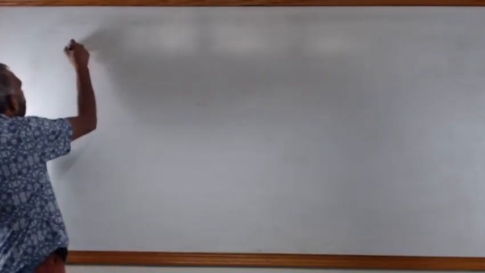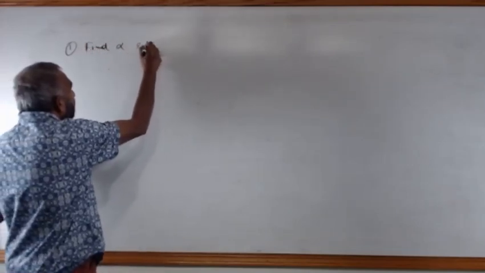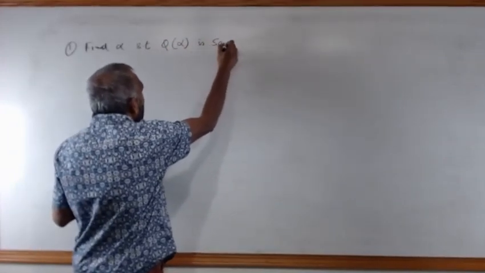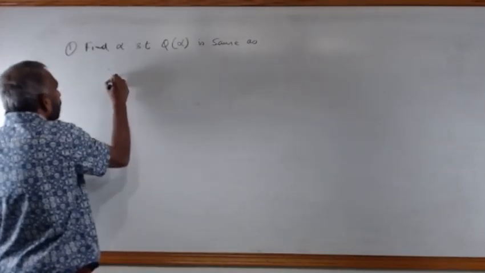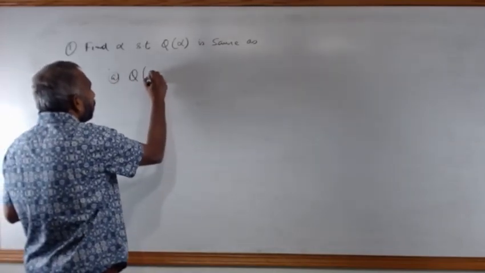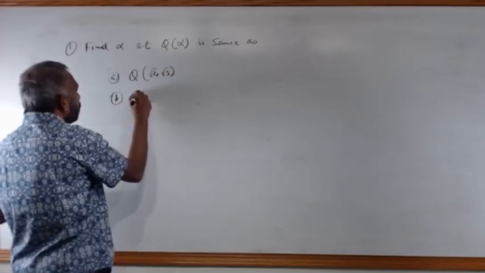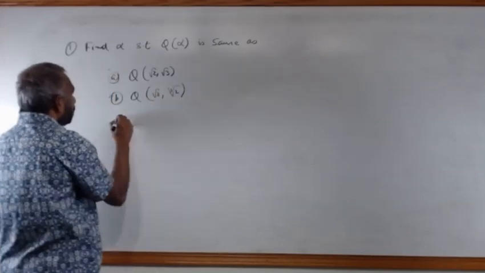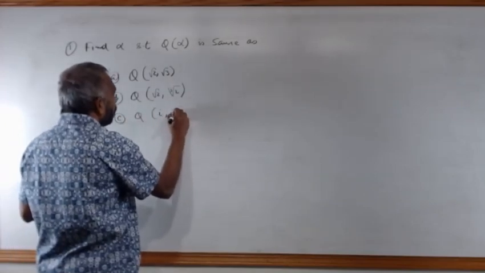Find α such that Q(α) is the same as Q(√2, √3), Q(√2, ∛2), Q(i, ∛2).